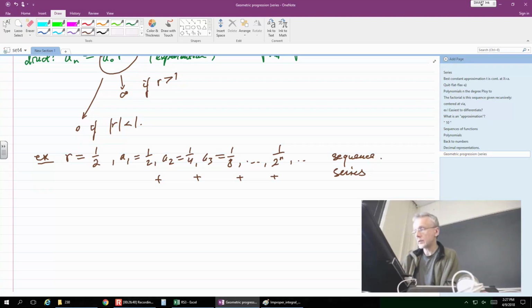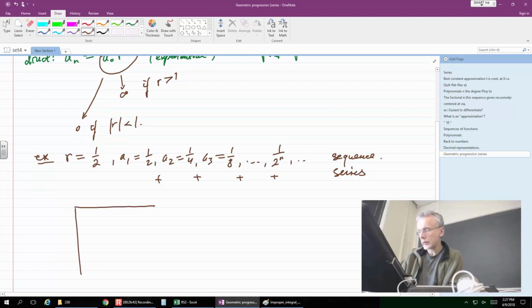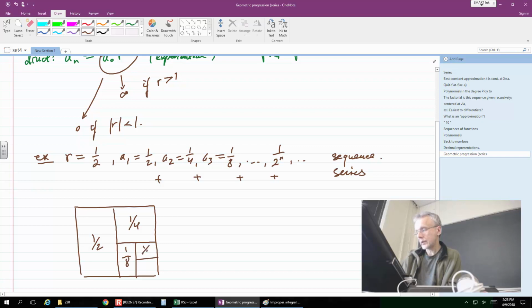Here's an explanation. I just take a square and I can cut it into smaller and smaller pieces like this. 1/2, 1/4, 1/8, 1/16, 1/32, and so on.